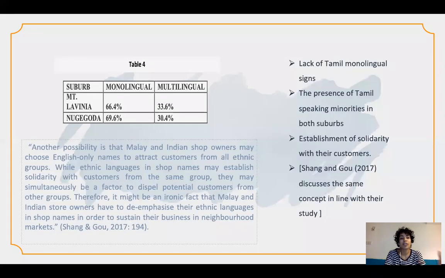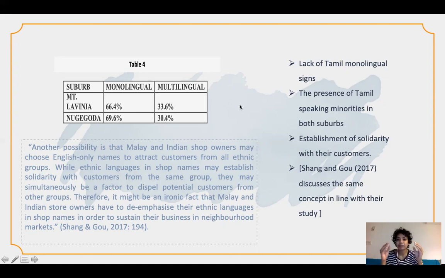This points at an interesting trope where this is an island where most people speak either Sinhala or Tamil as a mother tongue, but the public signs are so effervescently English oriented, and multilingual signs are more like a minority, both on a 30% scale. Something that was also very interesting to note is the lack of Tamil monolingual signs.